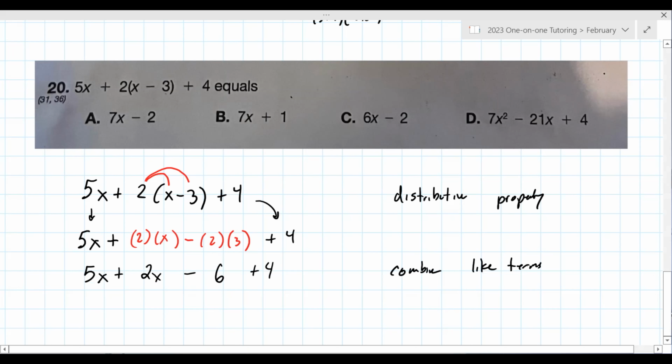So what are the like terms here, if you know? The like terms are x and x. Yep, so you got 5 x's and 2 x's. How many x's do you have total? 7 x's. 7 x's minus 6 plus 4. That doesn't change the x.